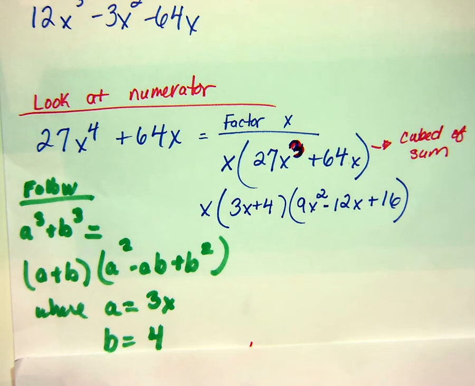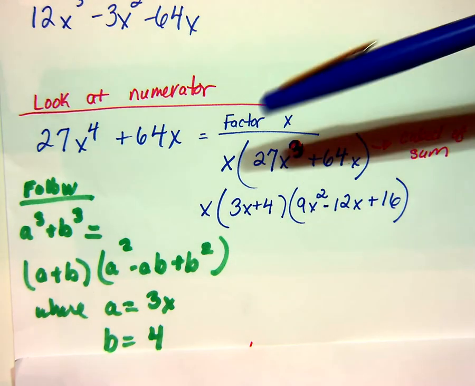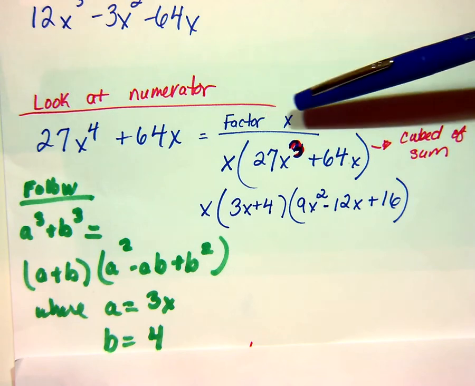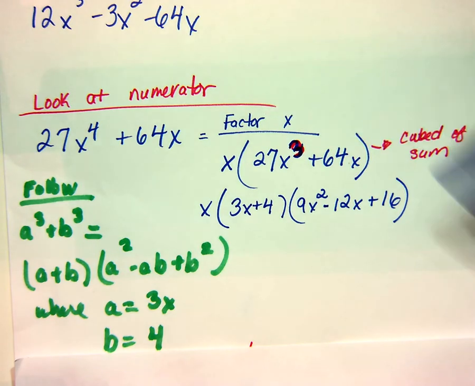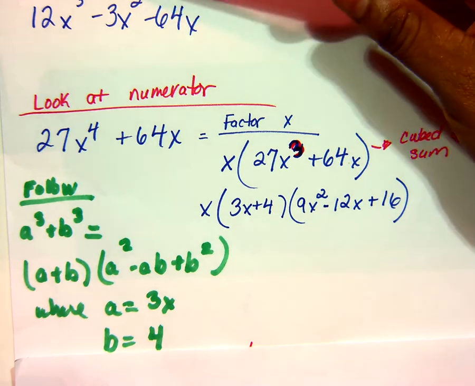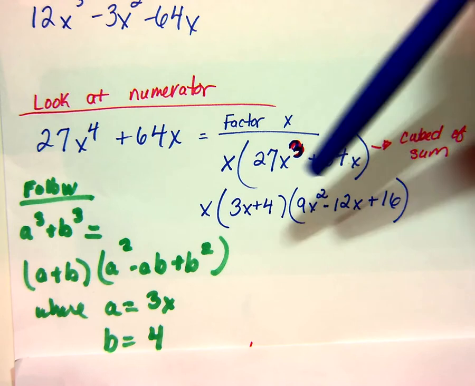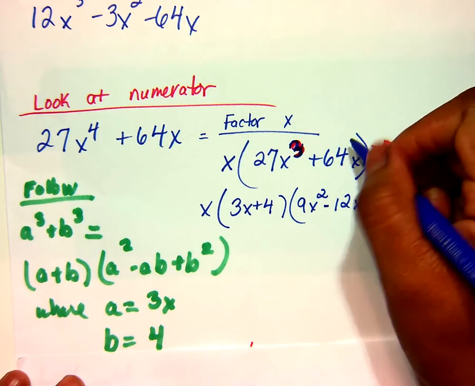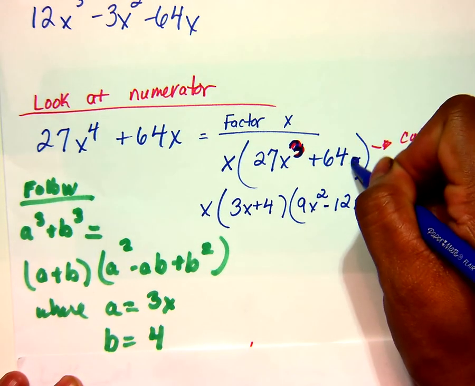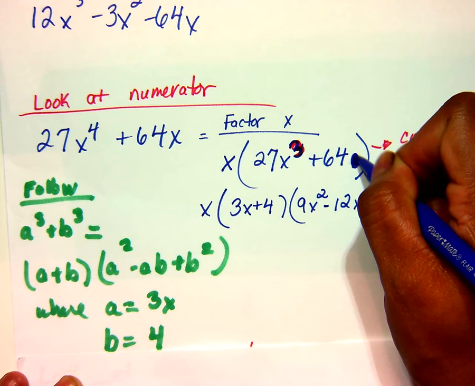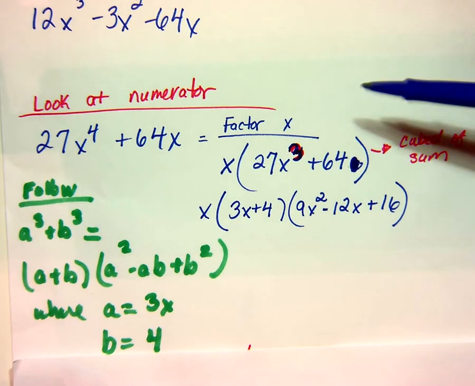So I made a mistake. And then right here, I messed up somewhere. Where did I mess up at? So we got 27x to the 4th plus 64x. Factor out the x. That's right. There's not supposed to be an x right here. So my apologies for that.